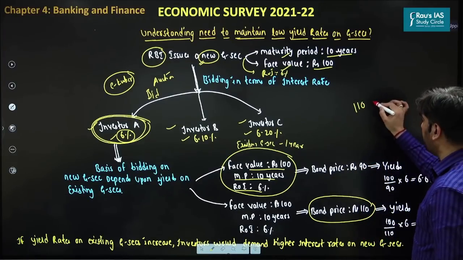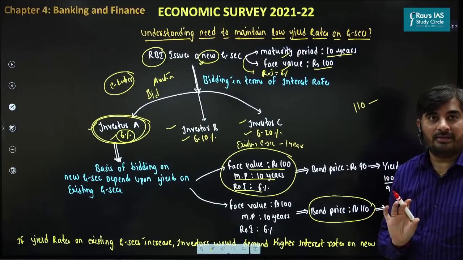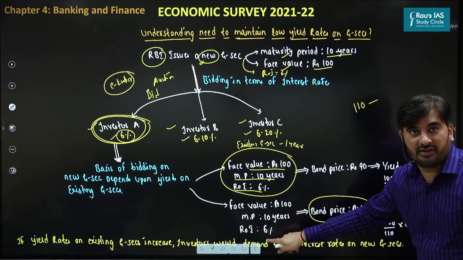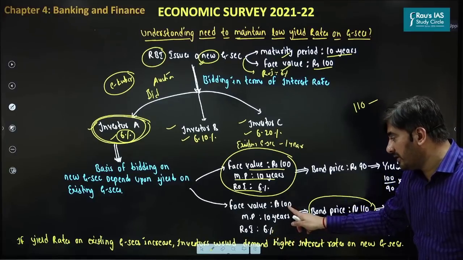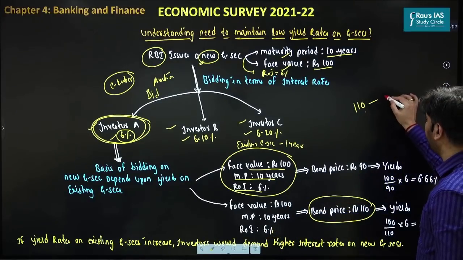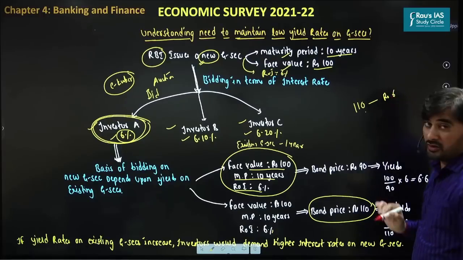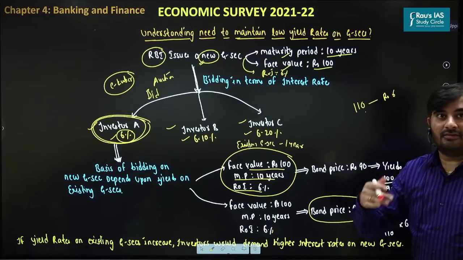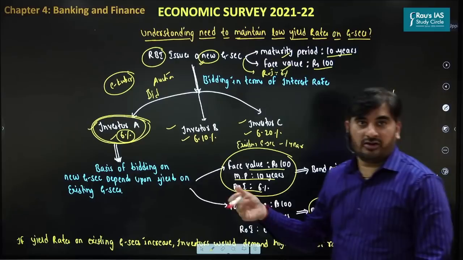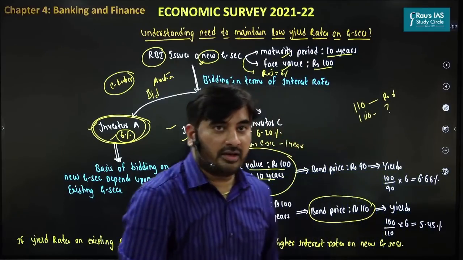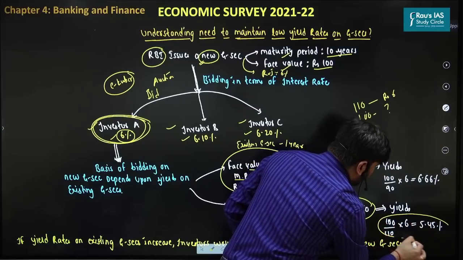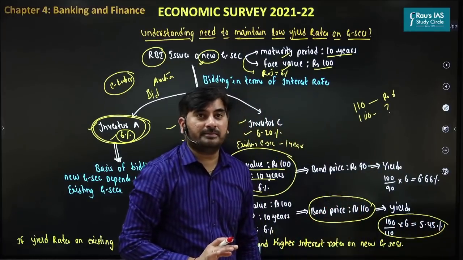On this investment of 110, how much returns are you getting? 6% of the face value of 100 is ₹6. Convert this in terms of percentage: for 100 it is how much? That's how you calculate your returns. So if you apply this, you're getting a return of 5.45%.